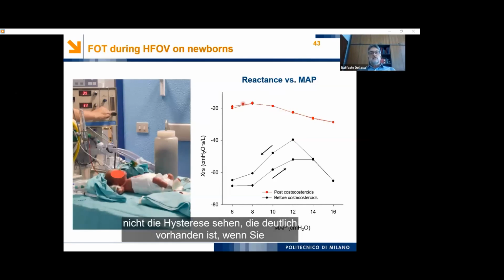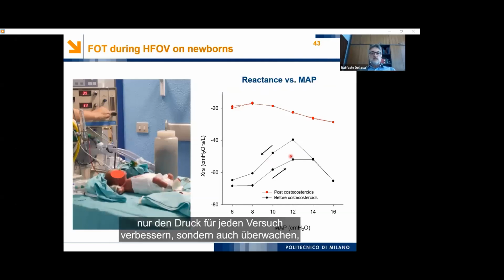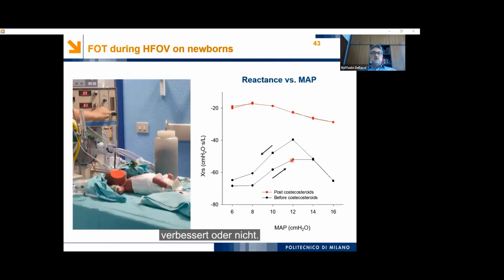And you don't see the hysteresis that is clearly present when you have recruitable lung volume. So you can use this technology not only to optimize the pressure for each single PEEP trial, but also to monitor how the lung of this patient is evolving, if it is improving or not.